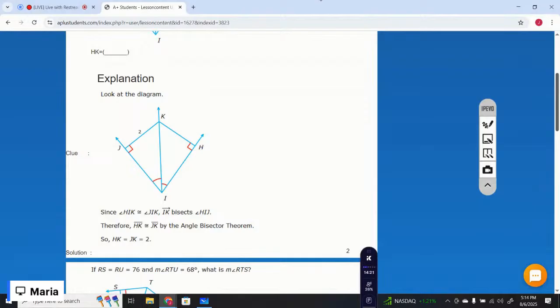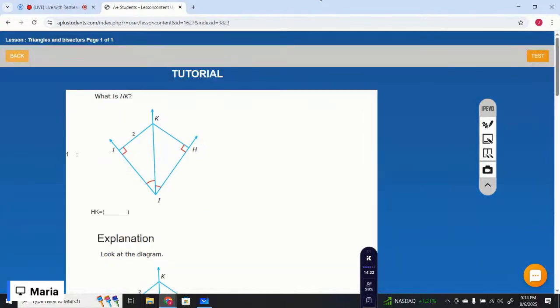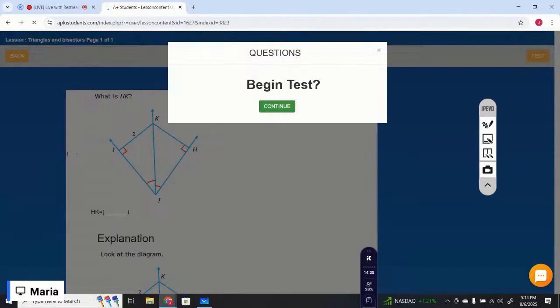So if JK equals 2, then HK also equals 2. Let's start with the test questions.